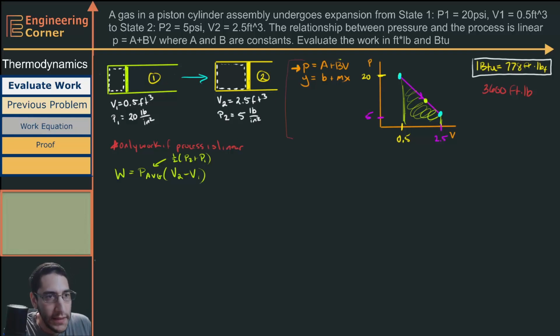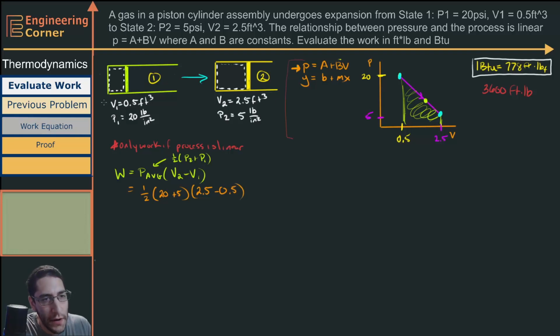Let's do this equation. My average pressure is going to be 1/2 of 20 plus 5, and then this is multiplied by 2.5 minus 0.5.